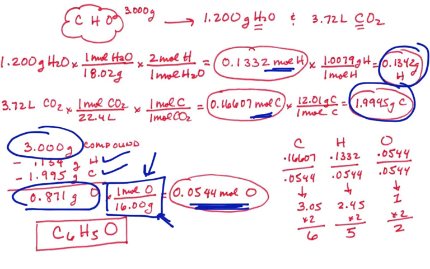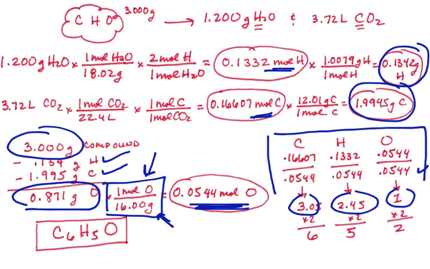So we're going to take our formula, and the formula at this point would be C 0.1607, H 0.1332, and oxygen 0.0544. Again, nobody writes it that way. So we divide all these numbers by the smallest value, which is 0.0544, and it comes out to be 3 to 2.45 to 1.